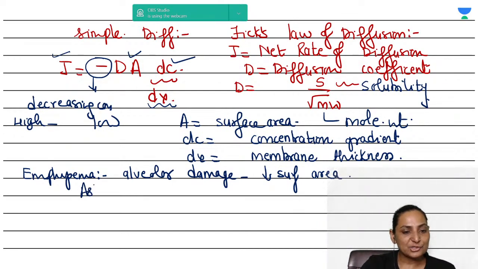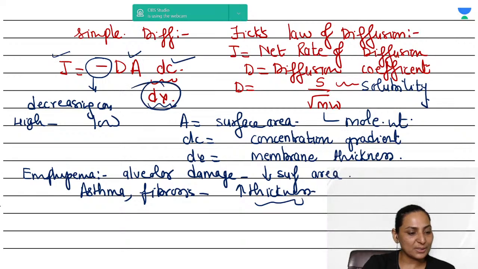Suppose you take a condition like asthma, or a condition like fibrosis. In these conditions, there is going to be an increase in the membrane thickness, and you've seen that thickness is inversely proportional. So if there is an increase in the membrane thickness, again there is going to be a decrease in diffusion.